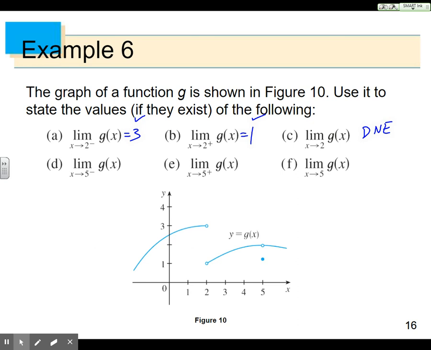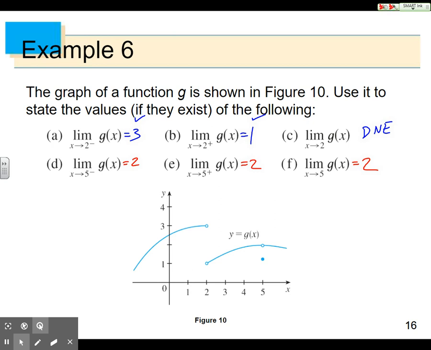Try the limit as x approaches 5, left and right, and overall, and see what you come up with. Okay, I'm going to write my answers down, and then hit pause and then unpause once you're done. Two, 2, and 2.